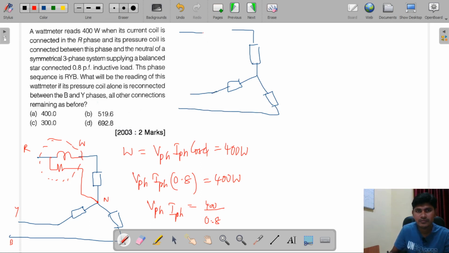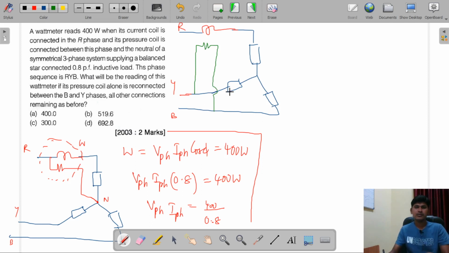The current coil is connected in line R only, R Y B. Now the potential coil is connected between B and Y. If we have this kind of arrangement, then this wattmeter reads reactive power.